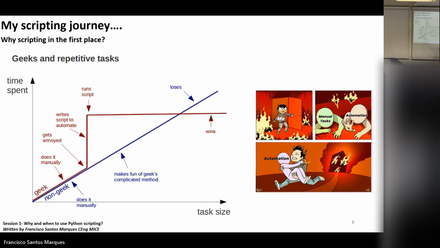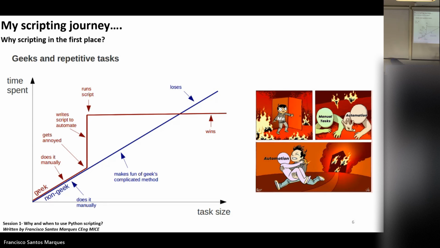So, my journey of scripting. I found this image on the internet, and I find it very interesting because it describes a little bit the difference between those who want to stick with the usual.